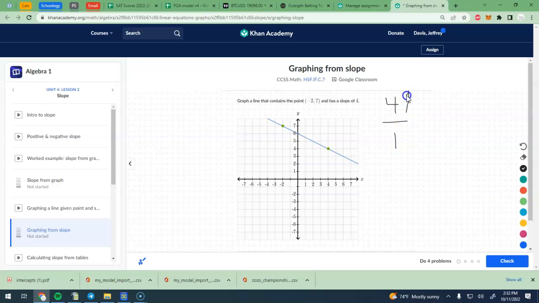So you're going to go up 4 and 1 to the right. Well, the problem with that in this one is you run out of room. There's nothing I can do up there. But instead of going up 4 and 1 to the right, I could also go down 4 and backwards 1. And that's the same thing, because if I were to start here, I'm going up 4 and over 1. Start here, you're going down 4, back 1. Either way you look at it.